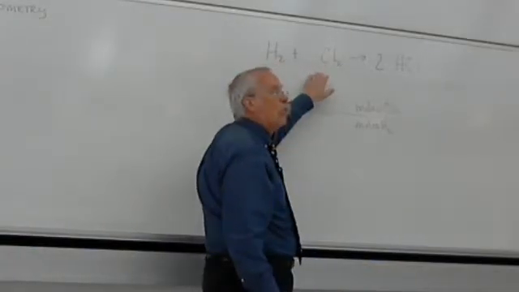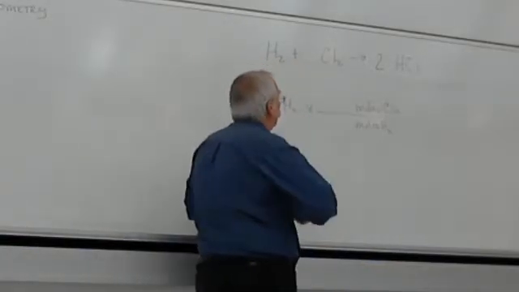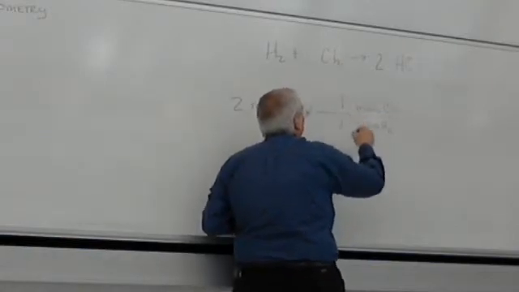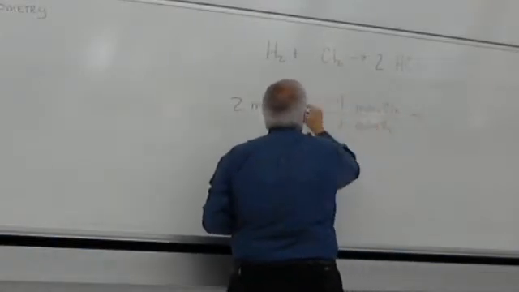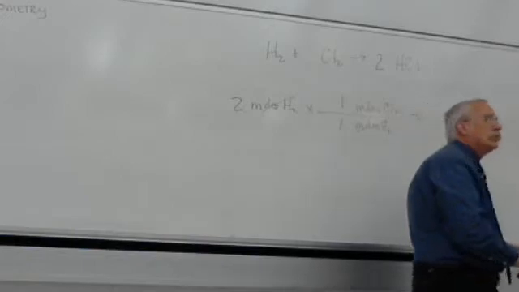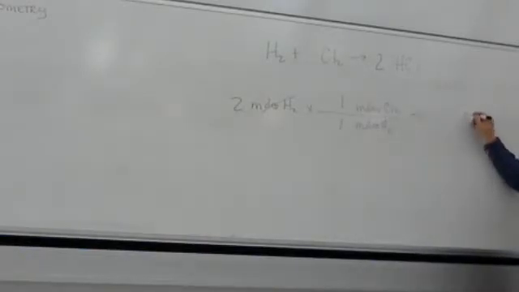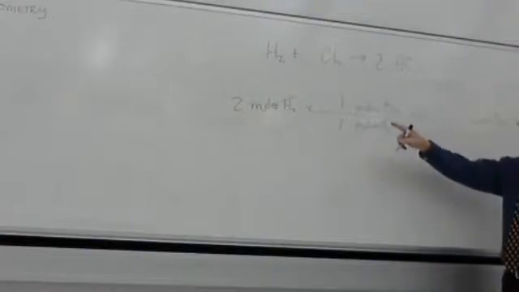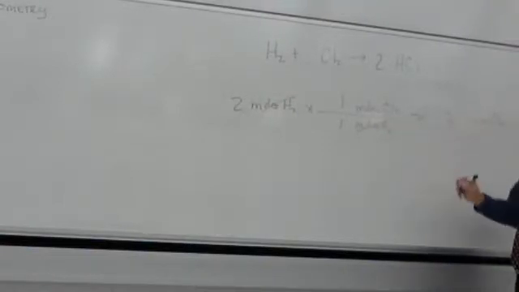Oh, it's a 1-to-1. Look what happens. Moles of hydrogen cancel. I'm left with an answer that says moles of chlorine, and mathematically it would be 2 moles of chlorine, which is exactly what you told me. That's how I would get it.